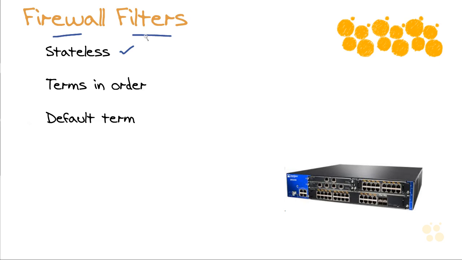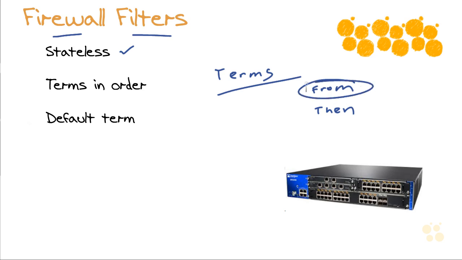And what we do is we create a firewall filter that consists of terms, just like we saw with our routing policy. We have from for matching criteria, and then for setting particular actions. We have to have 0 or more match statements, that's the from, and we have to have 0 or more actions that we take, that's the then.